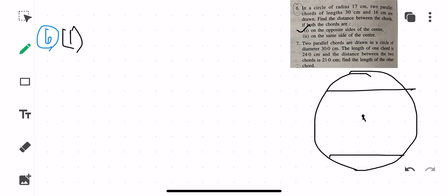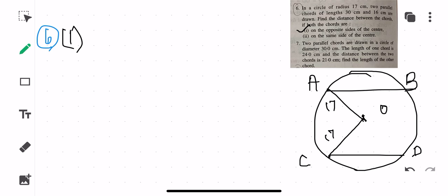Now if you see this sub question 1, the chords of length 30 and 16. So suppose this is AB which is of 30 centimeter, and this is CD which is of 16 centimeter. Okay, and then the radius has been given as 17. So this particular part I'll be writing as 17. I'll be marking O as center.